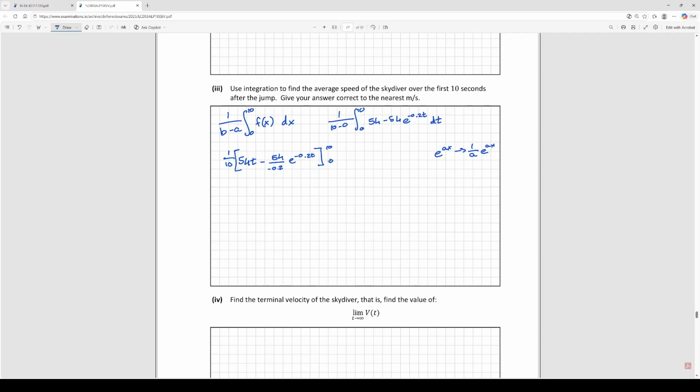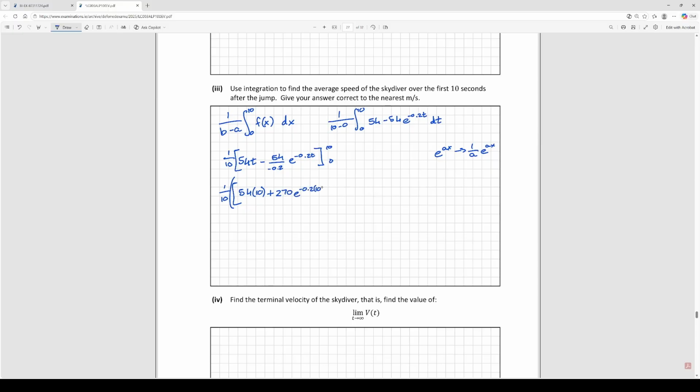And then 10 and 0. A big issue is people assume that when we sub in the 10 and then sub in the 0, if you sub in the 0 it all disappears. But that's not necessarily true, as we're going to see here. Sub in the 10. Dividing by 0.2 is the same as multiplying by 5, so that would turn into 270, I think.